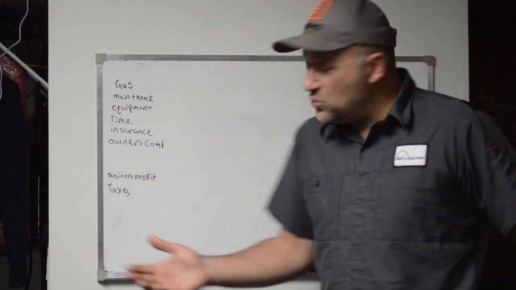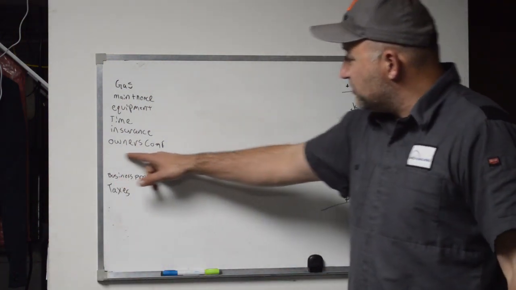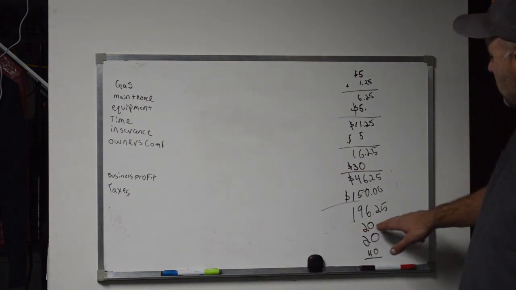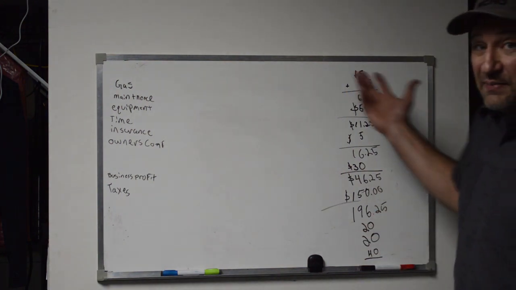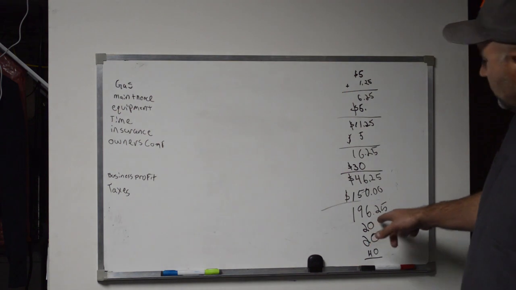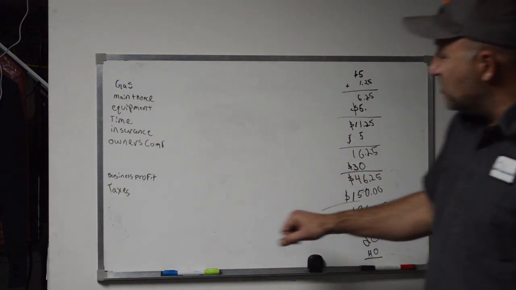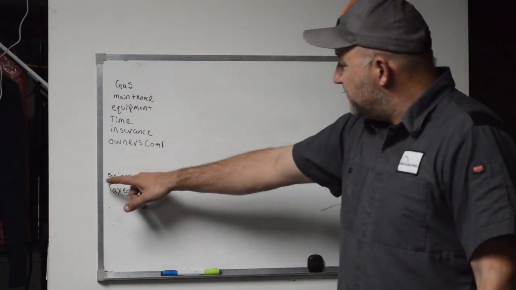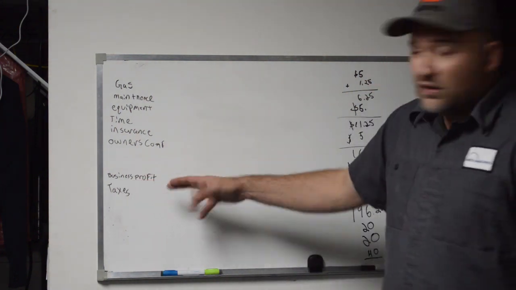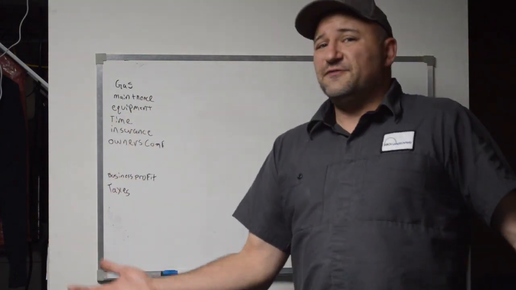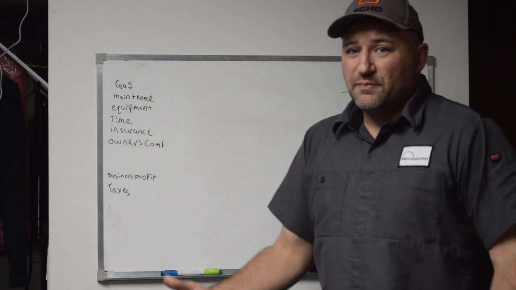You can make it whatever the heck you want. But if we do 10%, on this job of $200, it roughly equals out to about 20 bucks. So we're going to add that to what we need to charge the customer. And then business profits. So again, this is probably going to be about 10 to 15% of profits for the business.